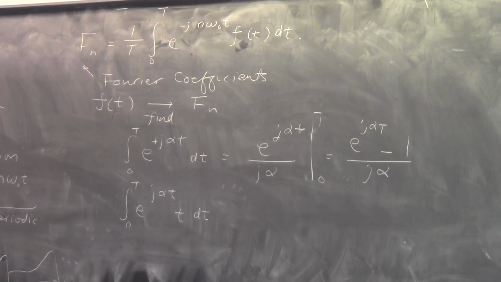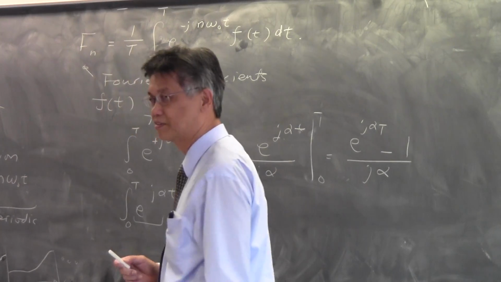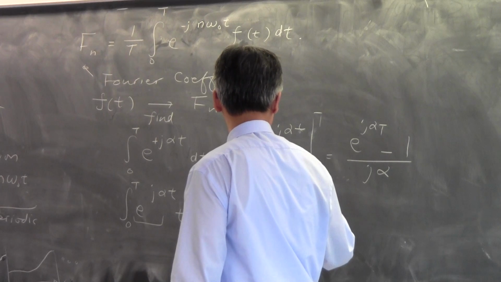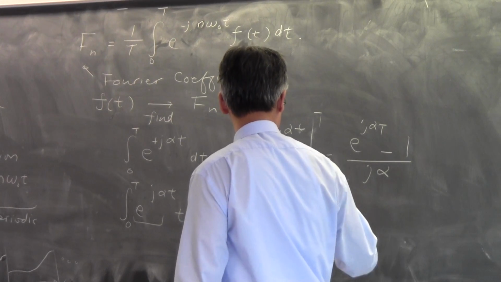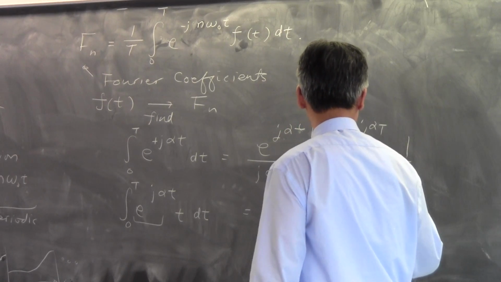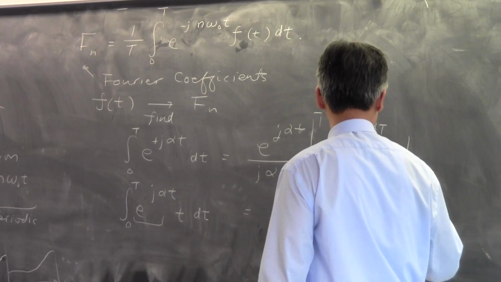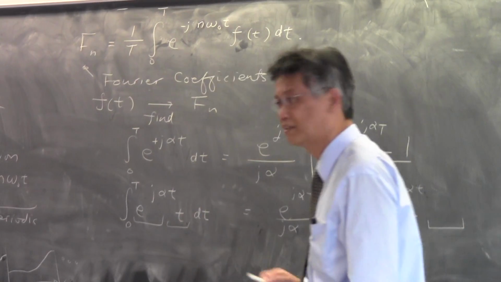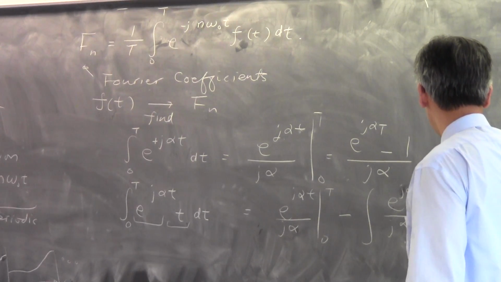You do this integration by parts, and first you integrate this term first. Okay, if you integrate that term first, you get e to the j alpha t over j alpha, from 0 to T, minus the integration result of this one, j alpha, and what do you substitute in here? The derivative of this, right, with respect to t. And then you just get 1 dt.